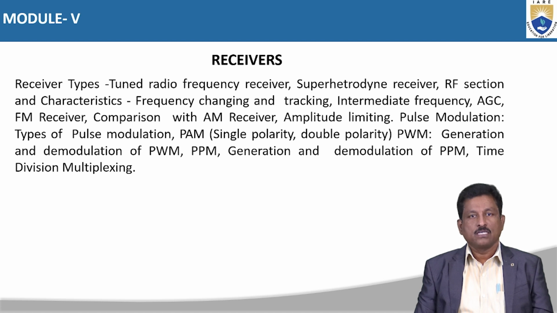Instead of taking the continuous sinusoidal wave as a carrier signal, in pulse modulation techniques the carrier is a group of pulses, or a train of pulses acts as the carrier signal. Then it is known as pulse modulation. We have discussed the different types in last classes also.